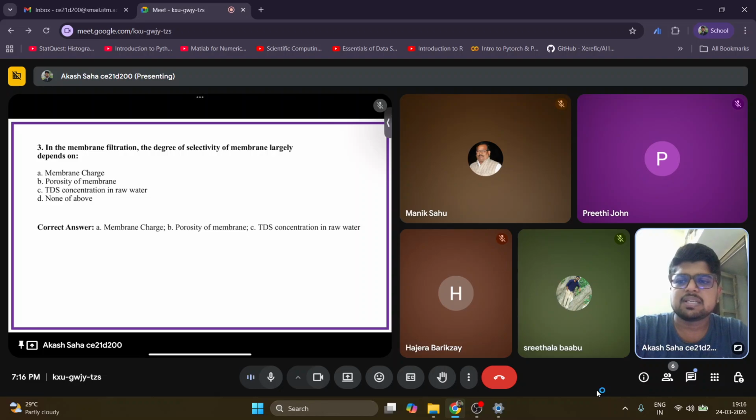Mostly ultrafiltration and microfiltration will not retain any TDS. The TDS will go through. But if it is going through nanofiltration, then the divalent ions will be retained. Then if it is a reverse osmosis membrane, the monovalent ions will also be retained. So these things also affect the retention, or rather the selectivity, of the membrane.